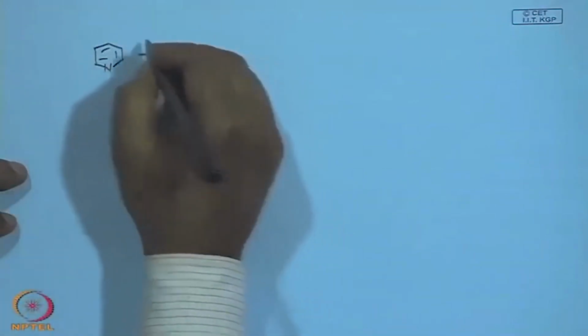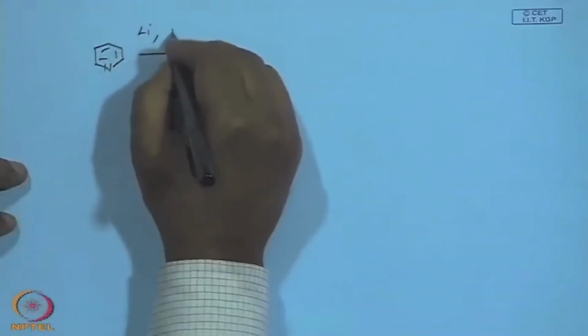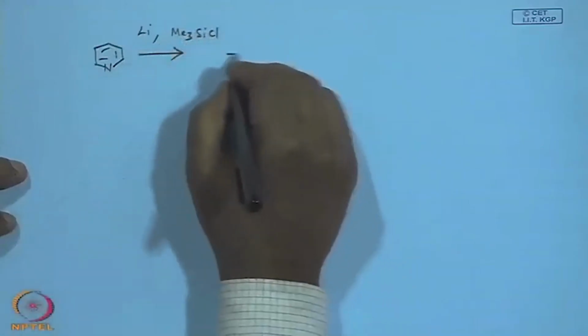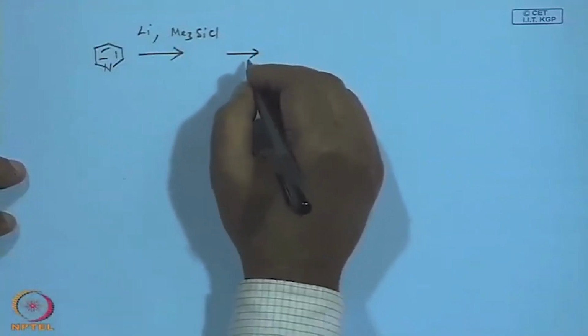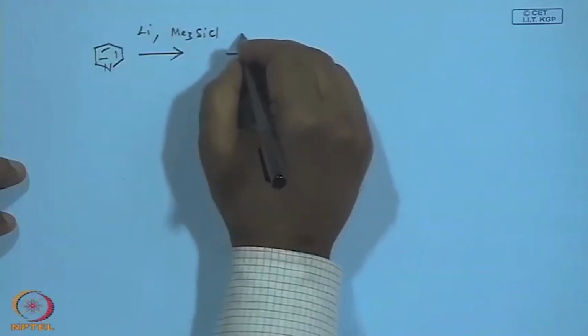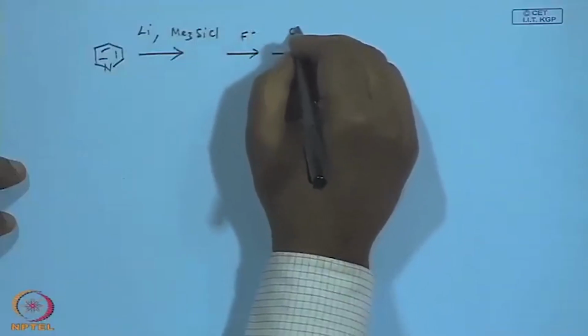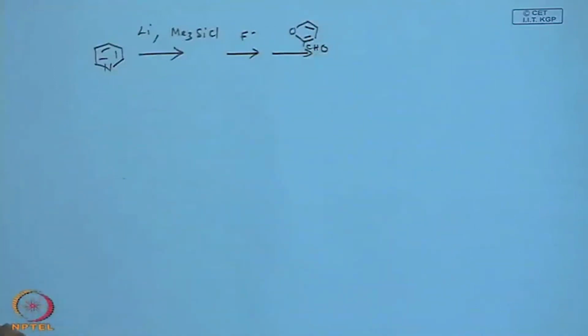If you treat this with lithium and then excess trimethyl silyl chloride, then you give, okay, maybe some fluoride, possibly some fluoride, I do not know, assume that there is a fluoride, and furfural is the electrophile, fine.